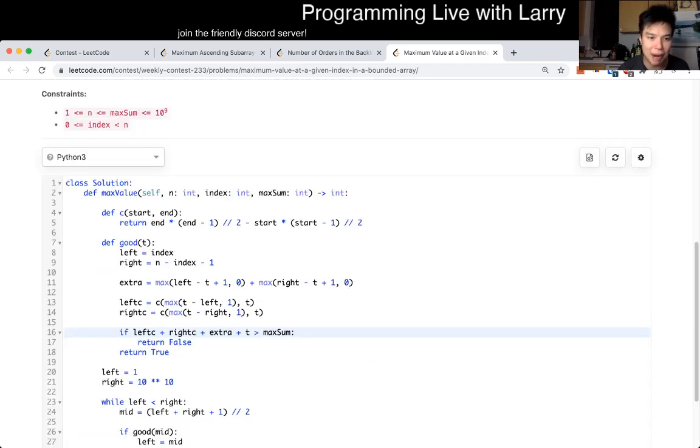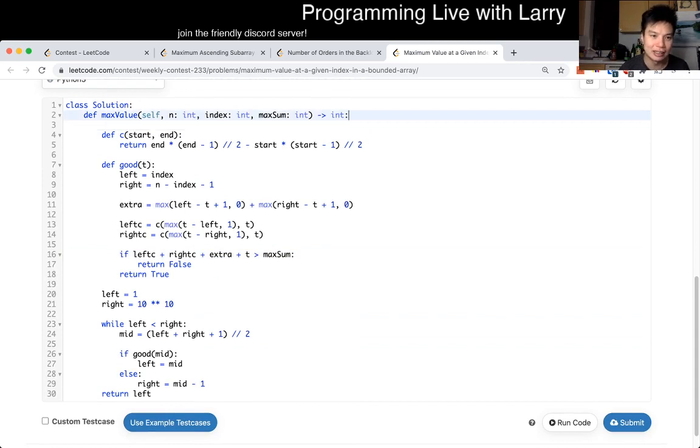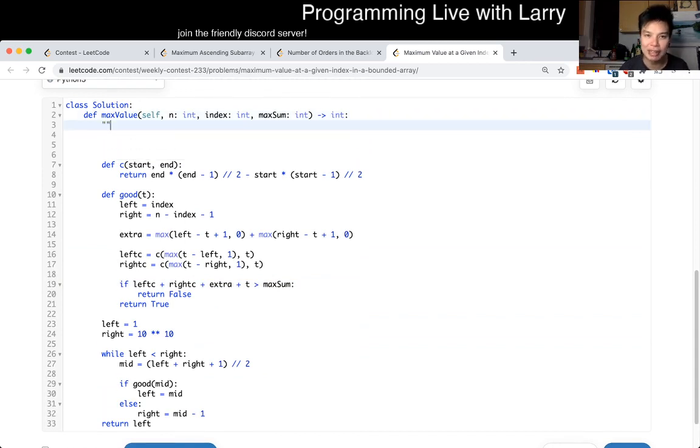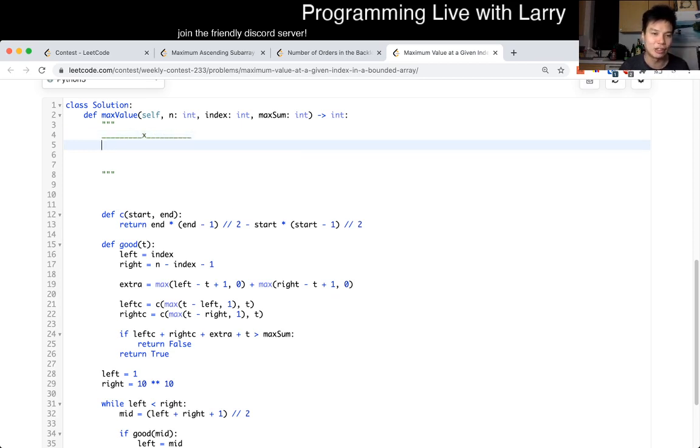I end up doing this binary search, and what happens with this binary search is that there's a greedy algorithm for, let's say you have an answer and you're trying to figure out if there's a greedy way of doing it. Let's say you have some index, and you have numbers to the left, numbers to the right, and you try x is equal to 20, right?